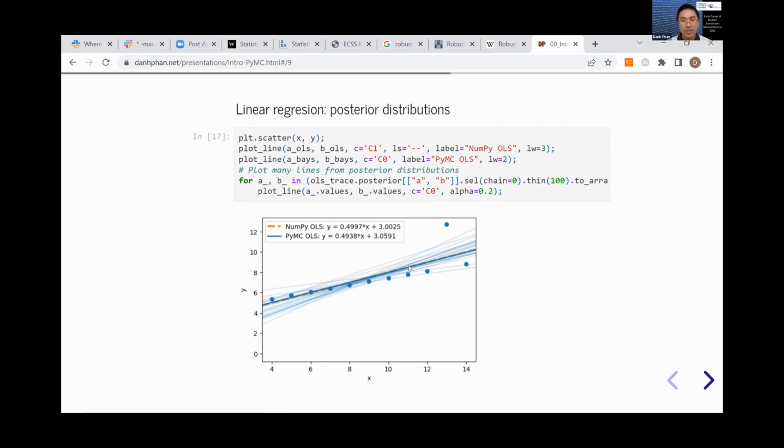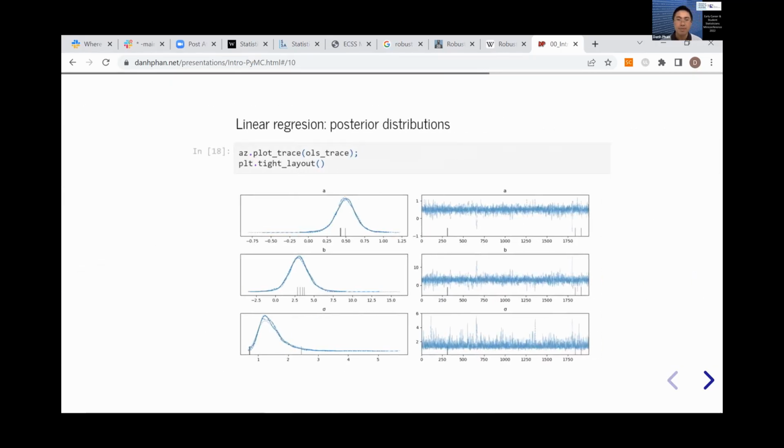And also we can see the distribution for the slope A, the intercept B, and also the standard deviation sigma here as well. So here we have the whole distribution, not a point estimate like the NumPy case.